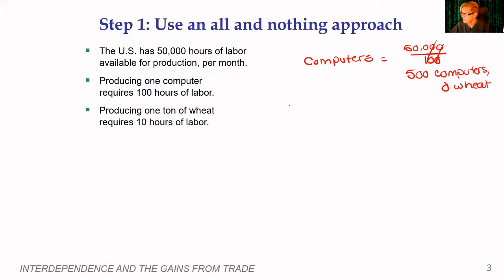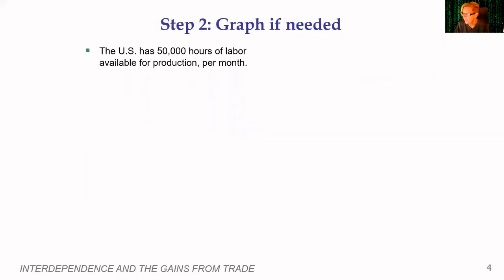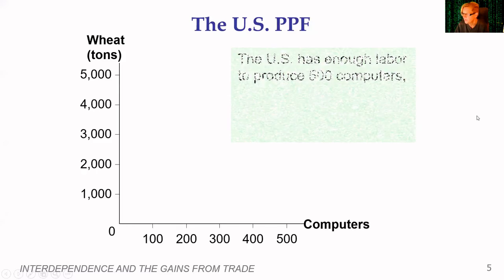Then we're going to imagine that we just produce wheat. We do the same process. We take the 50,000 labor hours, divide that by the 10 hours it takes to produce wheat, and we get 5,000 tons of wheat and no computers. Now we have endpoints, and so we're going to graph it if needed. We can graph the US production possibilities frontier.